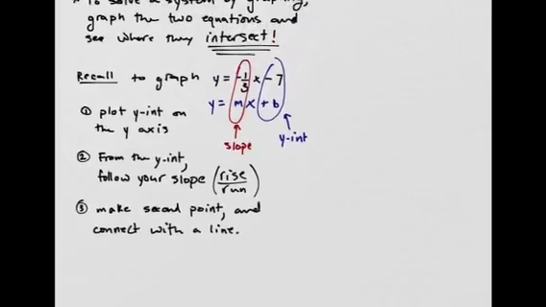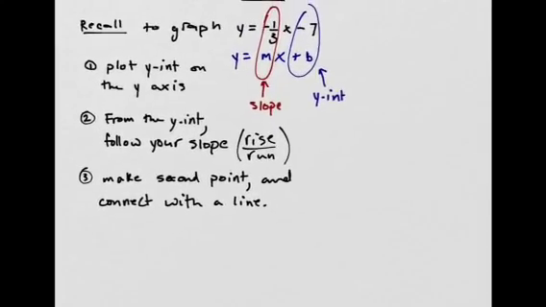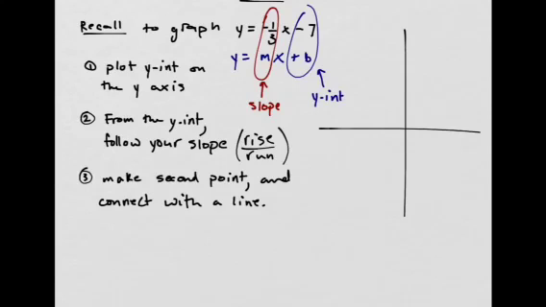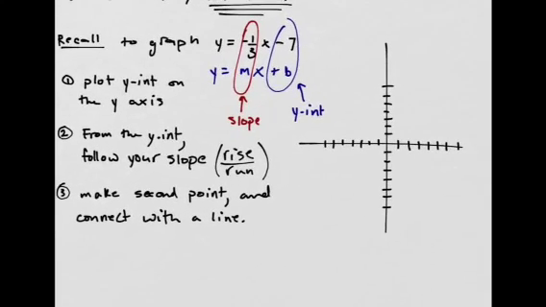So let's graph this one. I'll draw my axes here, and I made 7 tick marks because the absolute value of my largest number was 7, or negative 7.